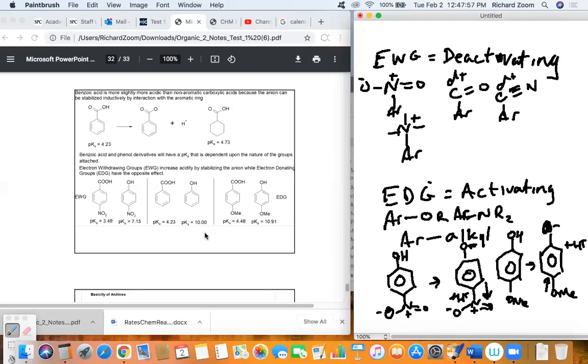Yeah. So activating group destabilize the negative charge, and deactivating group stabilize the negative charge because they pull. Okay, thank you. Yeah, because you're pulling negative charge away from the anion. That's good, because it's going to go towards that positive charge. So the opposite charges are kind of an attractive, lower energy type situation.